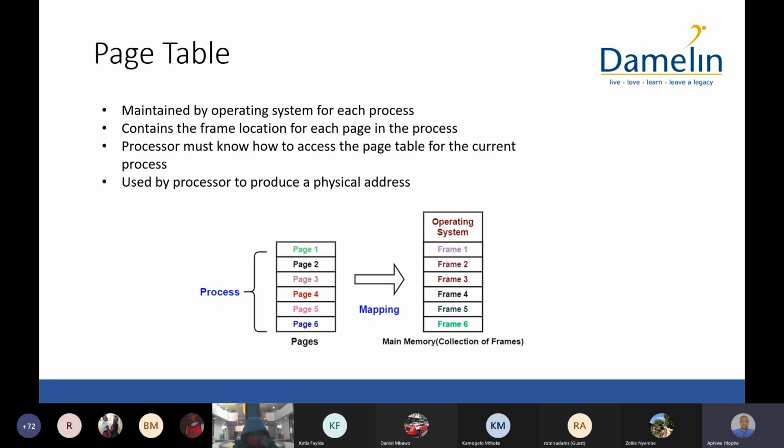So this page table is what you would find in a memory management unit component, okay, of the computer. There could be various page tables for the different processes, okay.